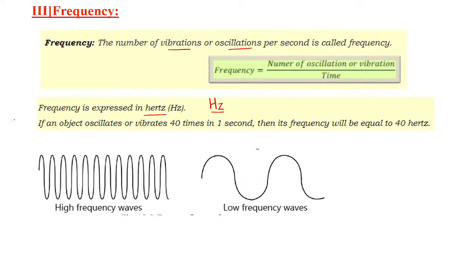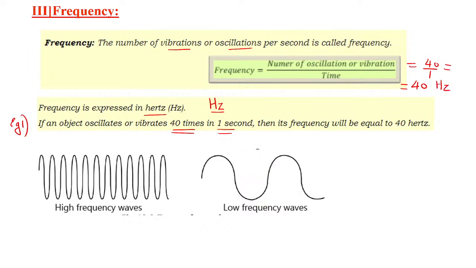In this example, the object oscillates 40 times for 1 second. So the number of oscillations is 40, and for 1 second, its frequency is 40 hertz, with the unit Hz.